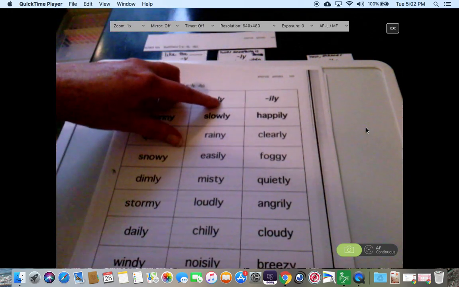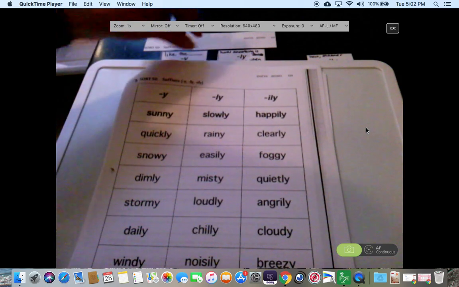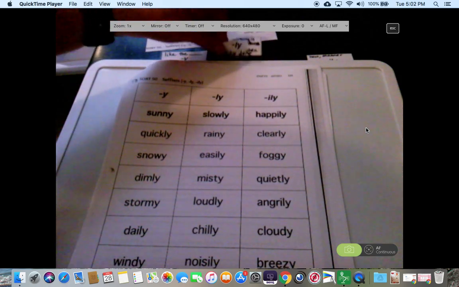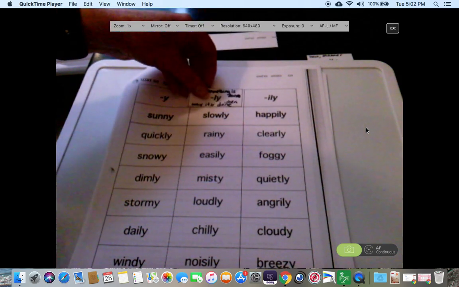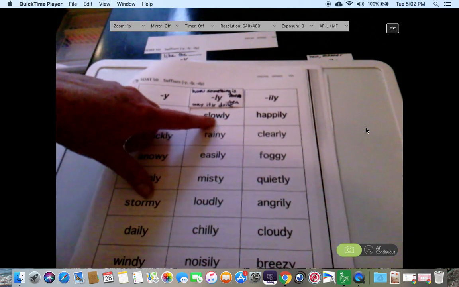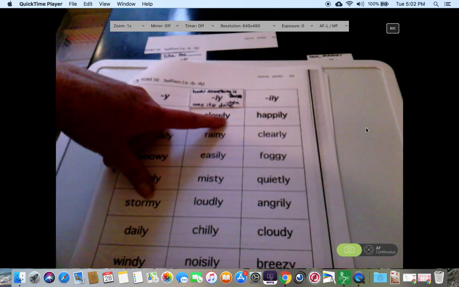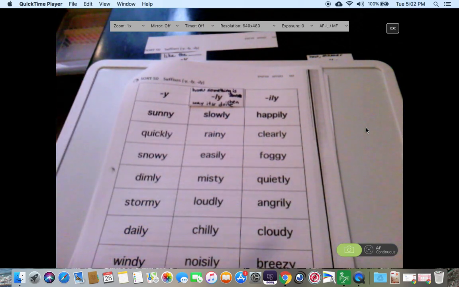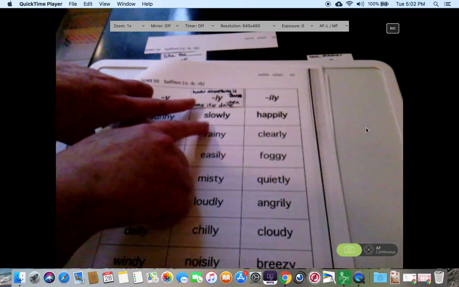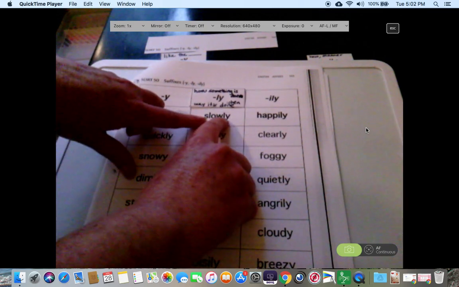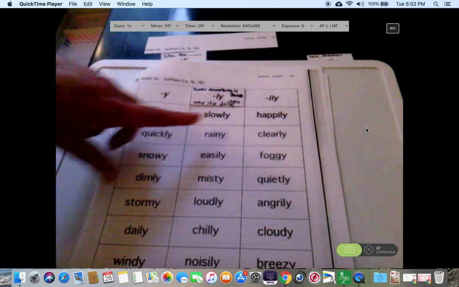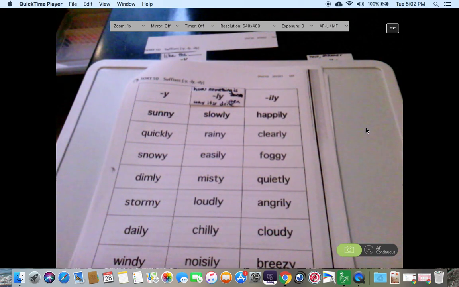When you add ly to a word, as in the word slowly, you change your base word slow into what we call an adverb, which is telling how something is done, or in the way that it's done, or it might even be when it's done. So slow would be your base word, but when you add ly, you might say he was walking slowly.